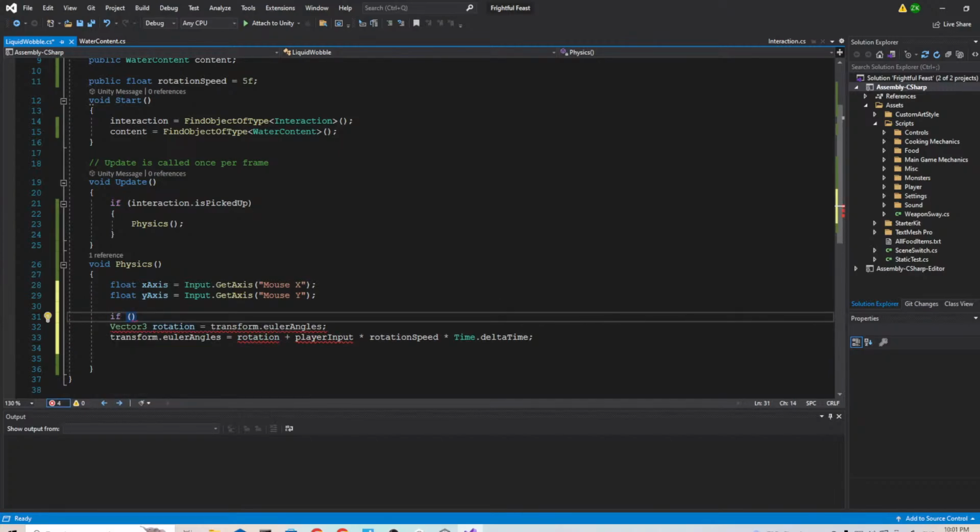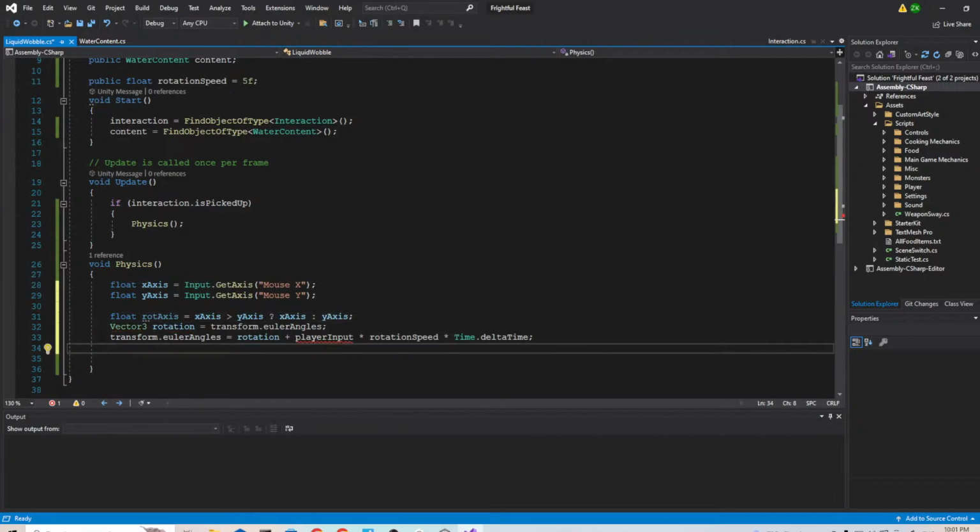If... okay, float rotAxis is equal, so we're going to have to do a ternary, I don't know, x-axis greater than y-axis question mark, and then we assign the values, x-axis, y-axis. I believe that's how you do it.